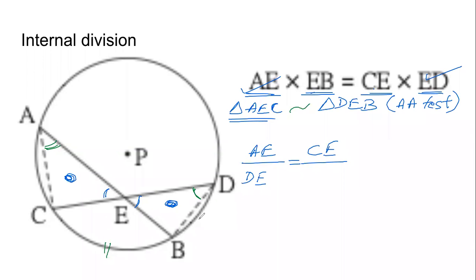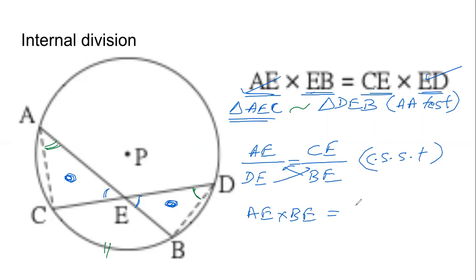And if I take CE of the first triangle, the corresponding side will be DE. Why? Because corresponding sides of similar triangles. Now, if we do simple algebra, if we move these denominators to the other side, AE into BE equals CE into DE. यही तो है, हो गया proof.